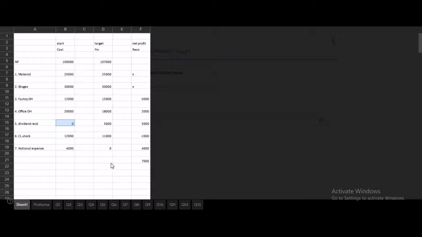Then the closing stock in cost accounting is 12,000 and in financial accounting 11,000, so the difference is minus 1,000.